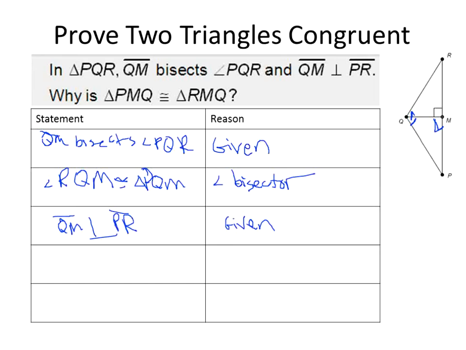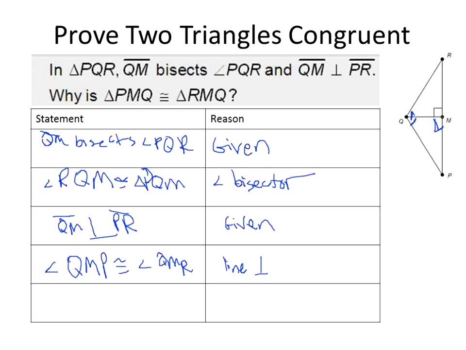Now we can say, because we can't do the next part until we know what the information is given, angle QMP is congruent to angle QMR because of lines being perpendicular.